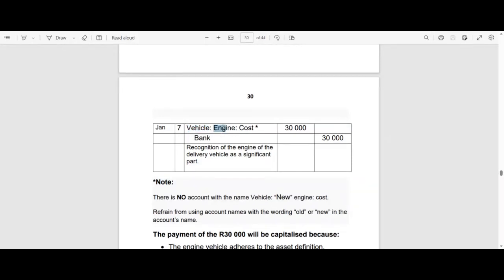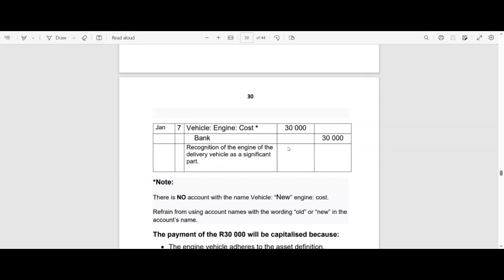What is the name of the significant part? It's the engine. And what does the account contain? The cost, right? So we're going to create an account called vehicles, engine, cost. And we're going to debit that with the full cost of that engine that we have now just acquired, right? And if we are going to pay for it immediately, we're going to credit our bank account.